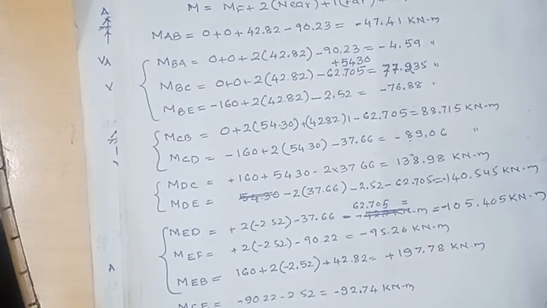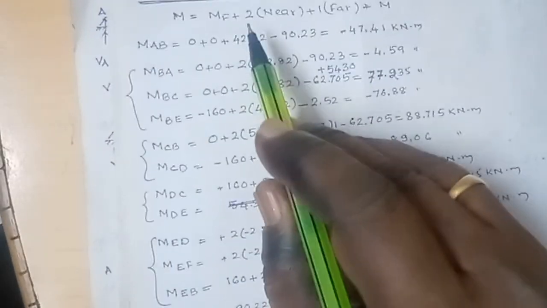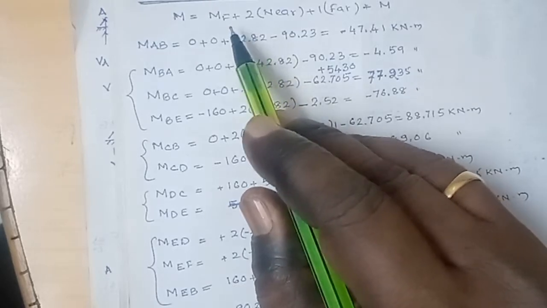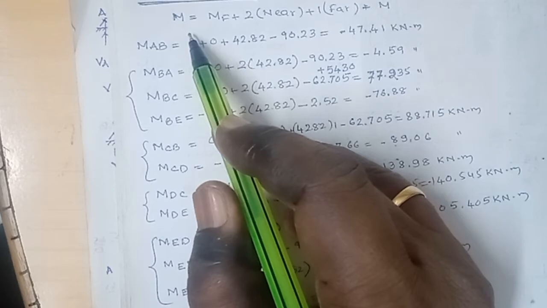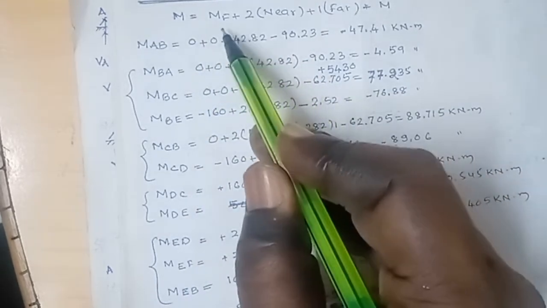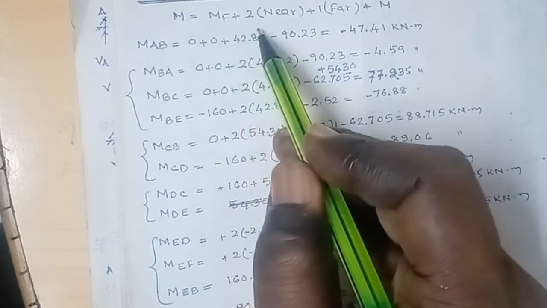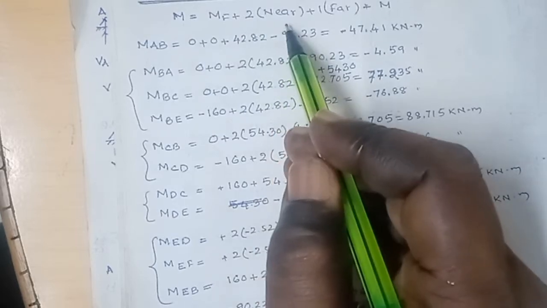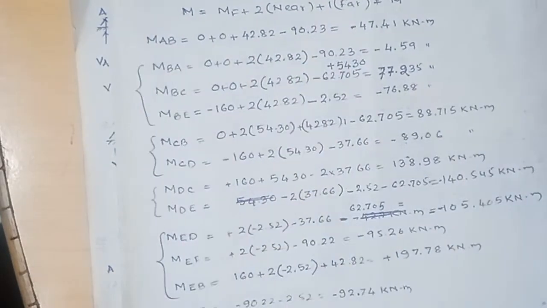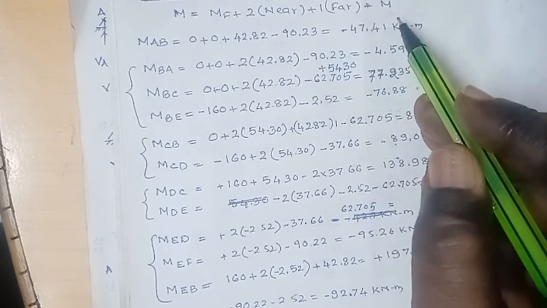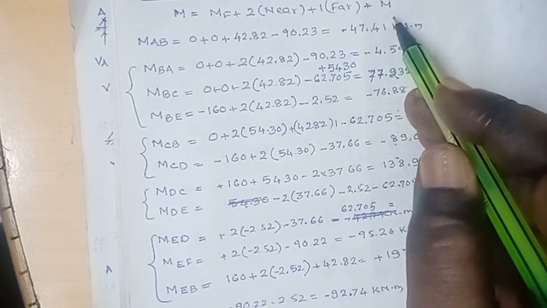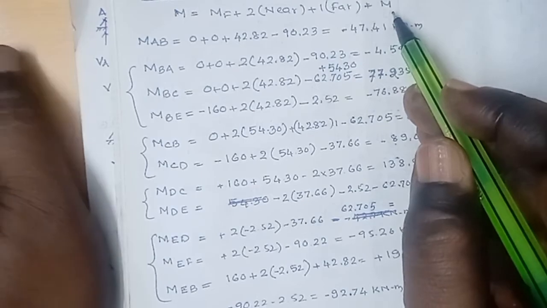Then here we have to write the final moments. The final moment is given by M equals the fixed end moment for the member plus 2 times the near end contribution plus 1 times the far end contribution plus the displacement contribution from the vertical member.